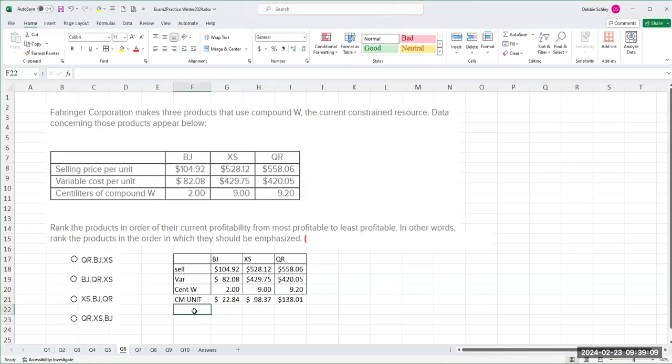Now I need to know the contribution margin per centiliter of compound W. So I will take the contribution margin per unit divided by the number of centiliters equals the contribution margin per centiliter.